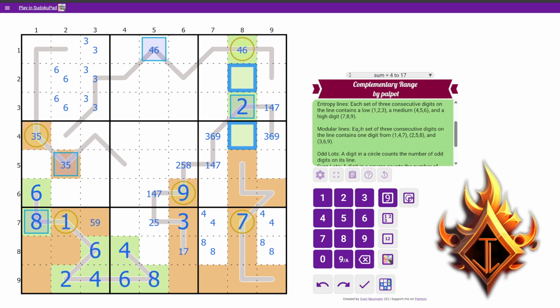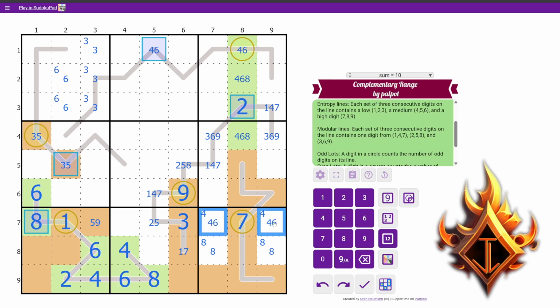These are going to end up being 4, 6, 8. Oh, there is a 6 up here with 4. So this will be 2, 5, 9. That seems right.